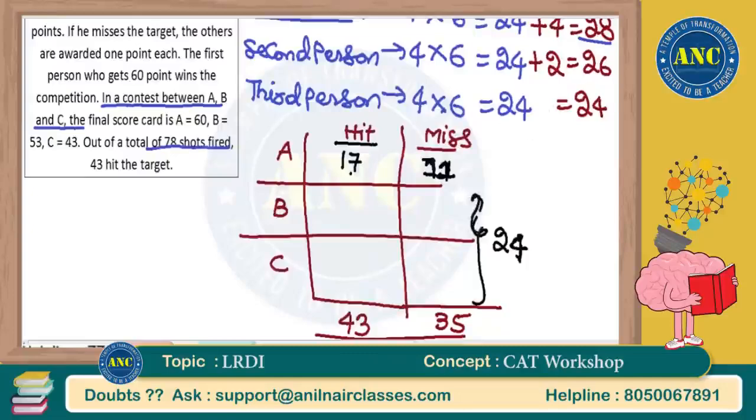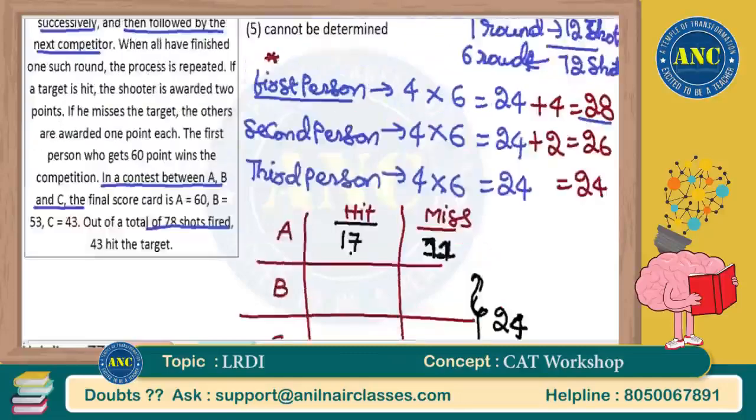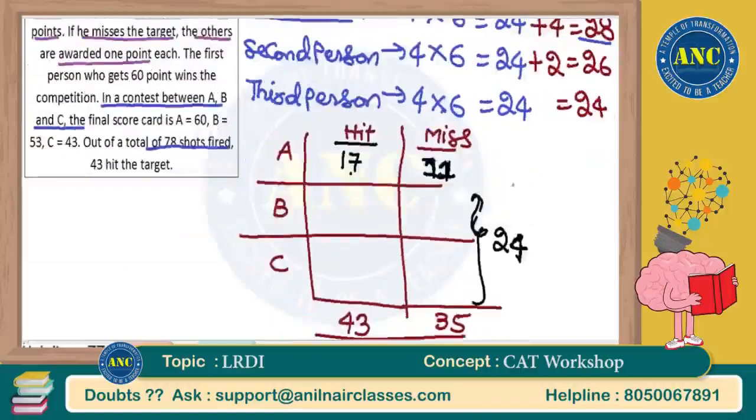There is a condition. Condition is, if a target is hit, the shooter is awarded 2 points. If he missed the target, others are awarded 1 point each. That means if A shoots at the target, he will get 2 points. 17 twos are 34.